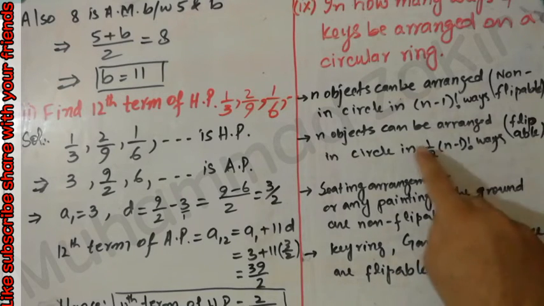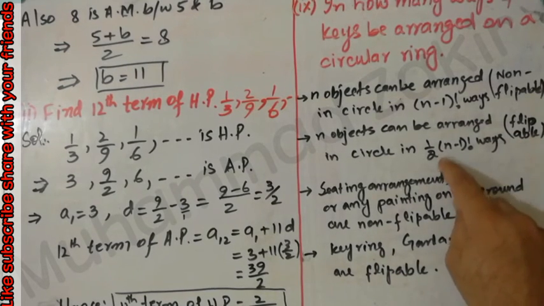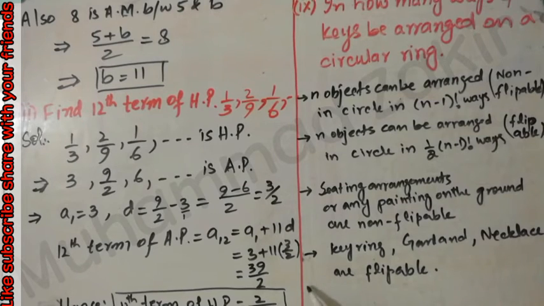So for flippable, this is the formula. So the solution of this question is: number of keys 4. This is n. It can be written as n is equal to 4. Number of circular permutations, circular arrangements we can say.